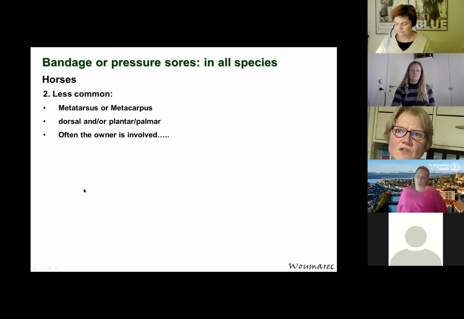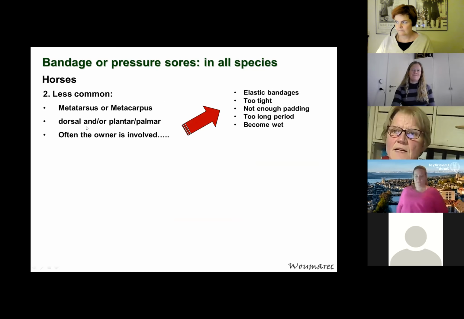We have other pressure sores or bandage sores in horses, and the less common ones are on the metatarsus or the metacarpus. We see them on the dorsal and/or the plantar or palmar side, and very often the owner is involved. That's in case that the owner is using bandages around the lower leg.